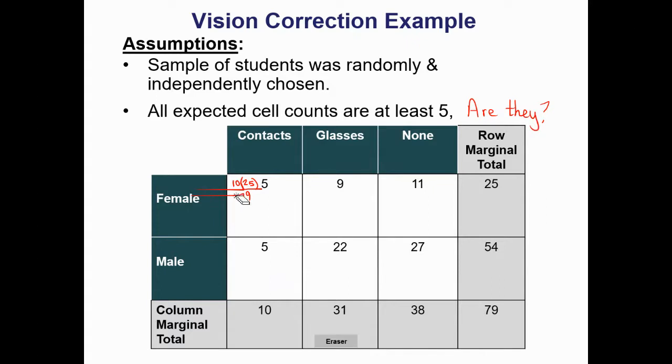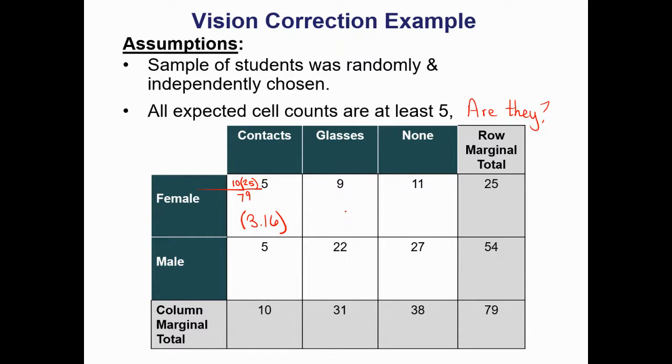If I calculated that, what would I get? 3.16. Oof, that's not a good way to start. First one out of the gate, boom, we're less than 5. But let's look at all the others because that'll help us kind of devise a strategy as to how we want to proceed.